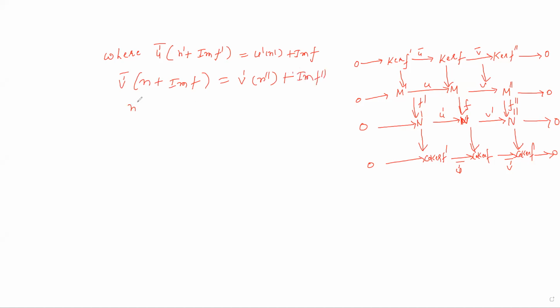Here you have n dash belonging to n dash, n double dash belonging to n double dash, n belonging to n.